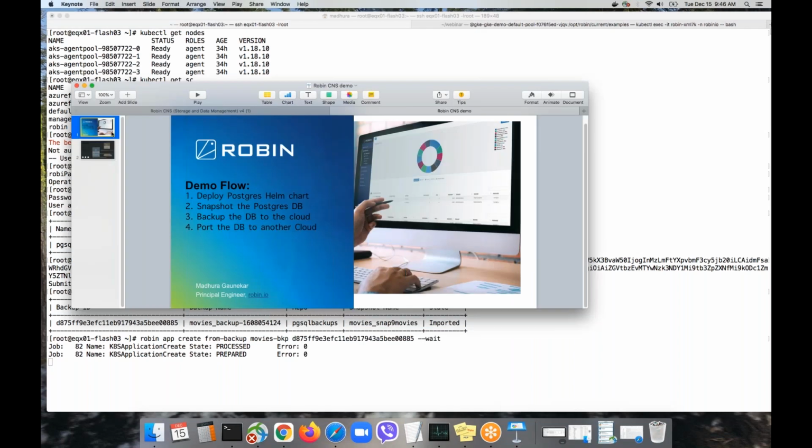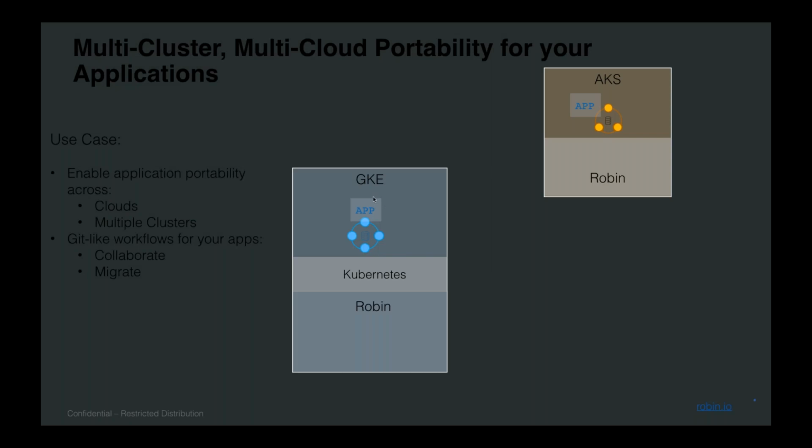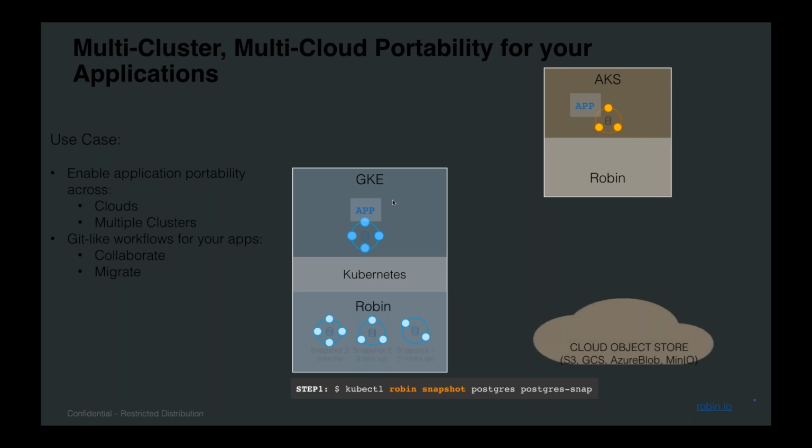So let's just see it in a pictorial version. We had the GKE cluster here. We created a snapshot. Then we have our S3 bucket. Here we used an S3 bucket, but it could very well have been GCS, Azure Blob Storage, or Minio.